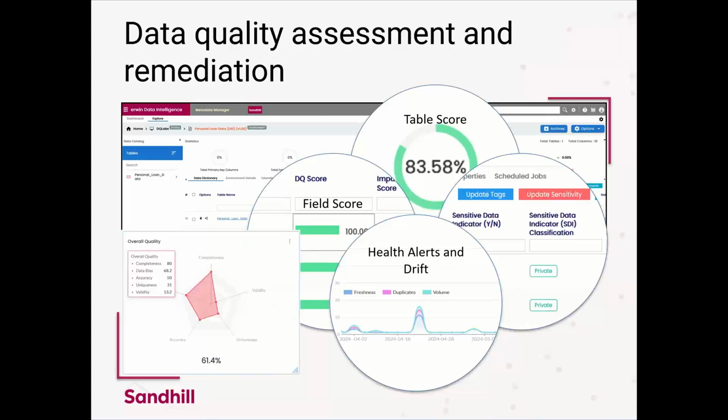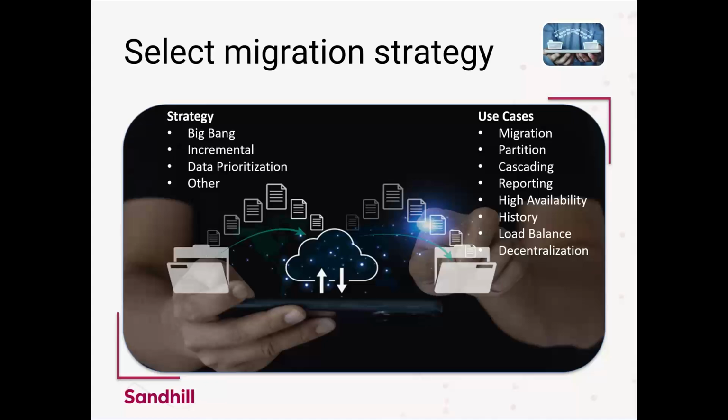So there are many ways of building up these reports and understanding the health and quality of the actual data up front before we do the migration, and using those same quality assessments after the migration to make sure that we at least maintain the quality, if not improve it, after the migration itself.